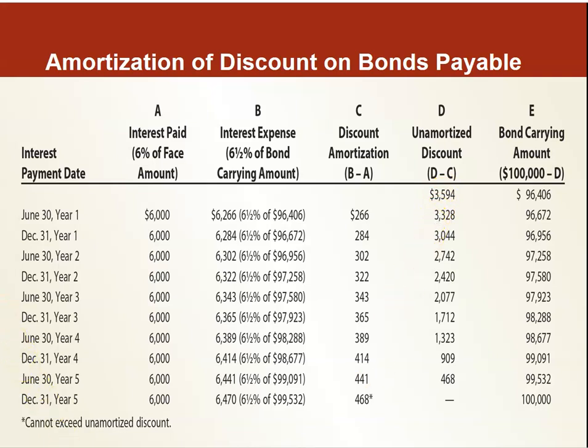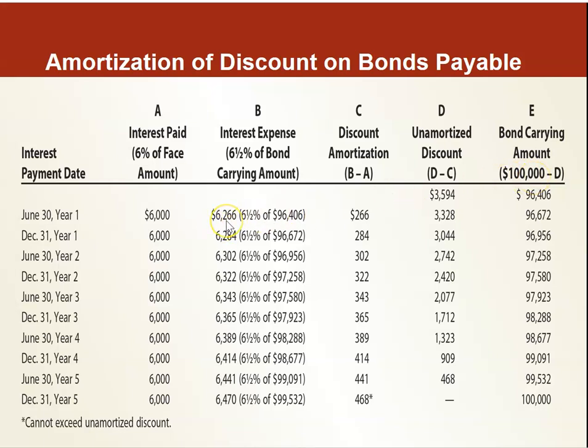So what's going on here? Well, the actual interest paid is going to be $6,000. But we recognize interest expense because we're not paying this $6,000 on an actual $100,000 in proceeds.